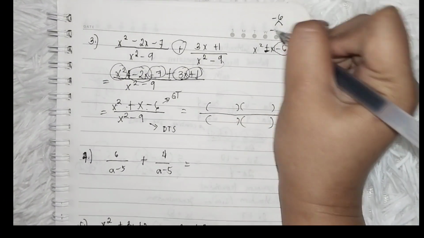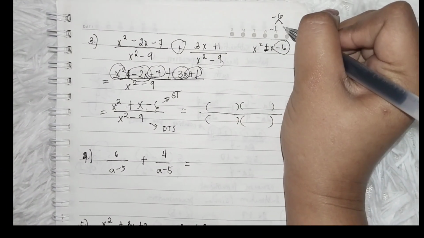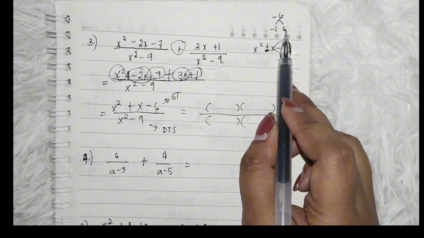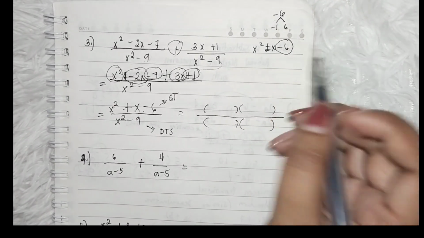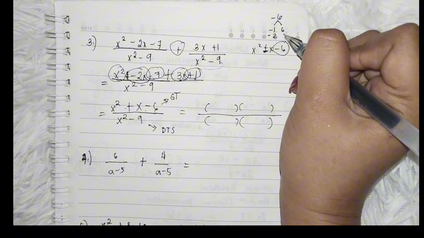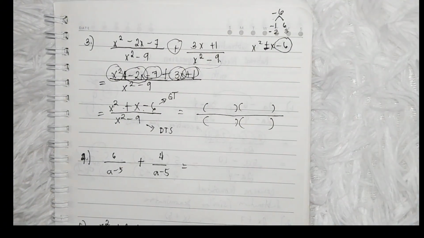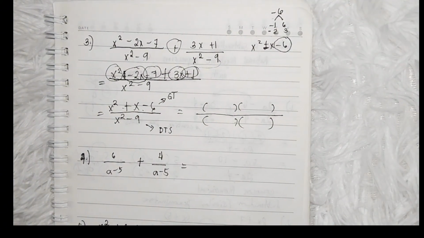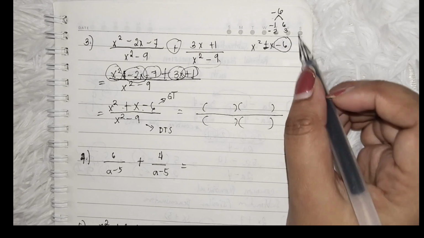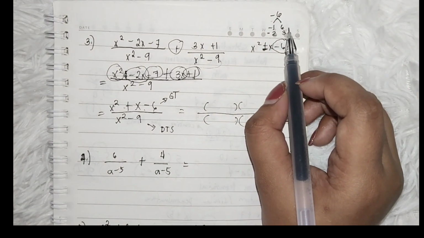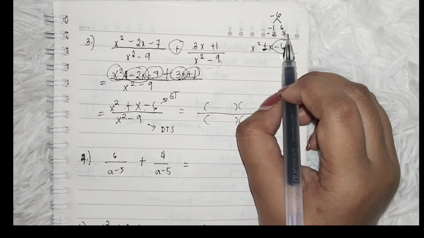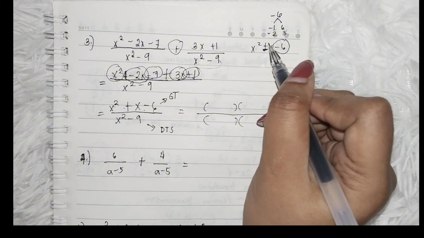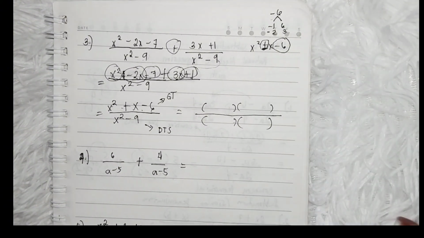So, negative 1 times 6, that's negative 6, negative 2 times 3. Yan lang yung factors ng negative 6. Okay? Pwede mo naman din gawing negative 6 times positive 1 or negative 3 times positive 2. But we are considering the middle term, which is plus.